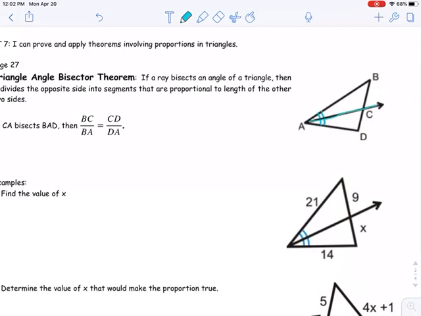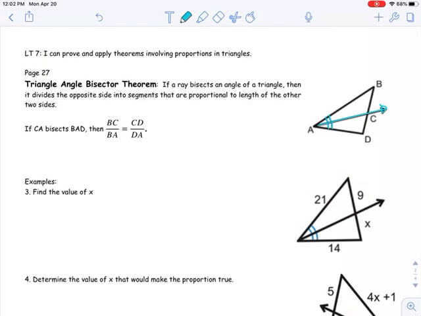This ray makes those two congruent angles. So it's saying BC over BA is equal to CD over DA. You can see how they're using right over left on the top and right over left on the bottom. Again, it's just setting up the corresponding parts.